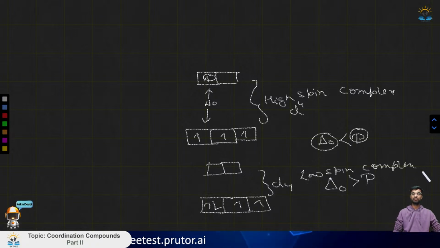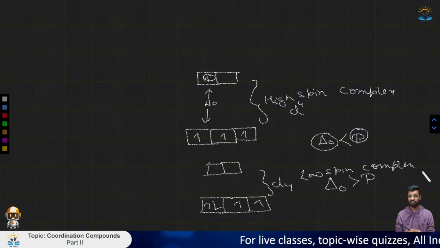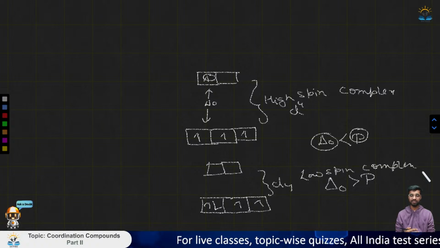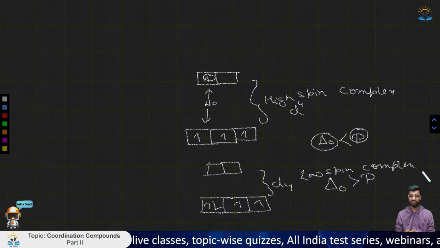Now we cannot consider only the strength of the ligand as the final deciding factor of pairing and not pairing. To a large extent you can cover most complexes using the strength of the ligand, but there are various other factors that change this delta O. The first factor is the strength of the ligand.